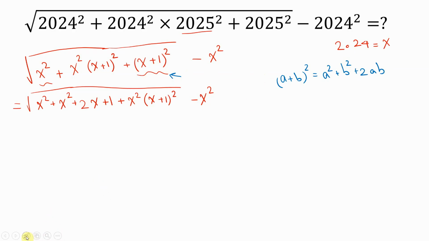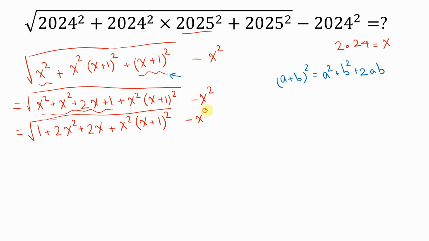Okay, now let's move on, and we can now add all of this together. How can we do that? First of all, we have this 1 in here, plus this x squared plus x squared, it becomes 2x squared plus 2x, plus the last expression, x squared times x plus 1 squared, minus x squared.